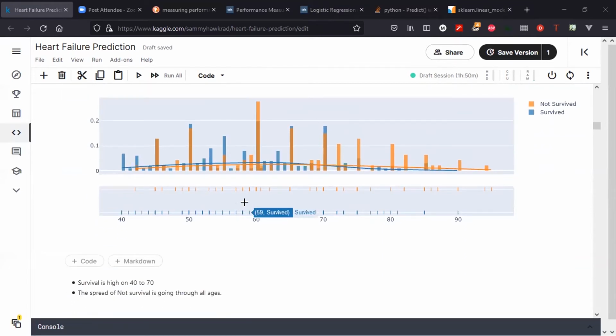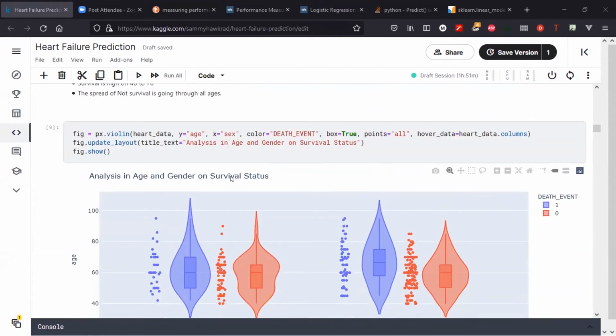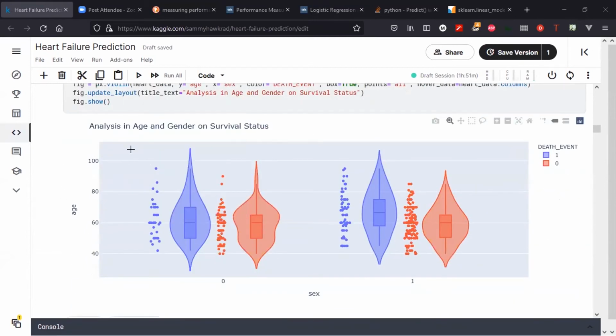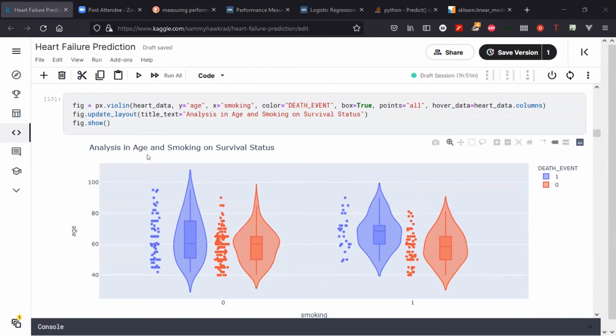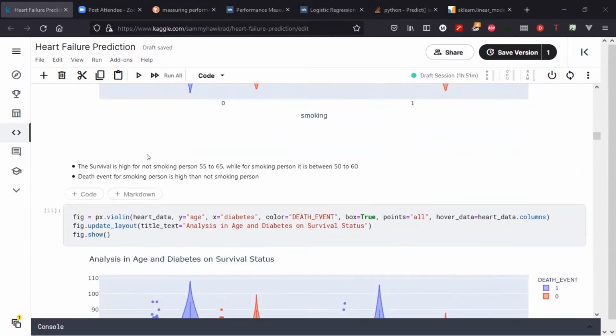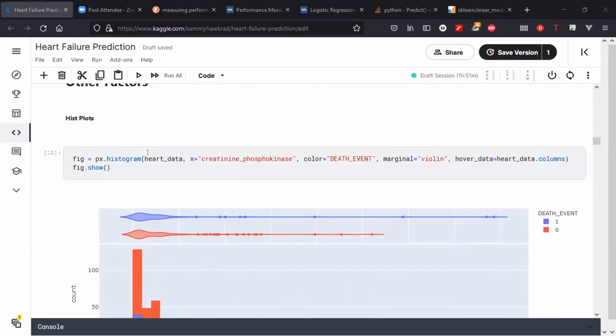So survival is really between 40 and 70, but at the age of 60, people who have heart attacks often die. So this is further analysis on the age and survival status. I think it's a very lengthy analysis, so for some of them I'll just move on.